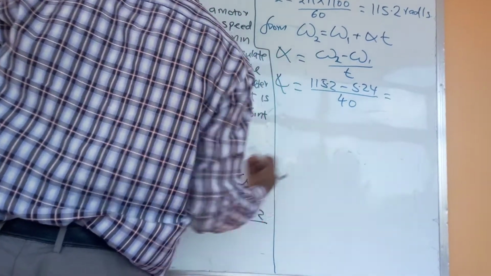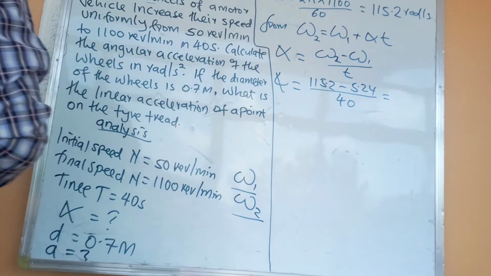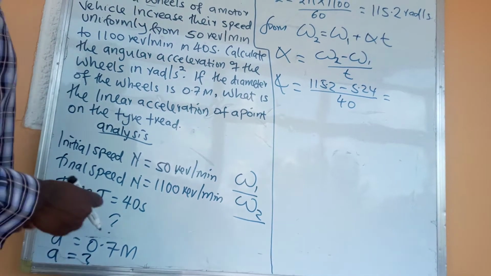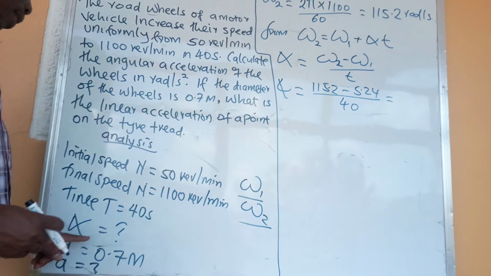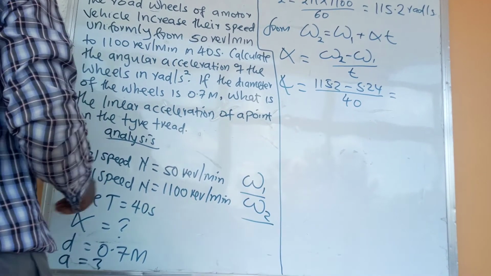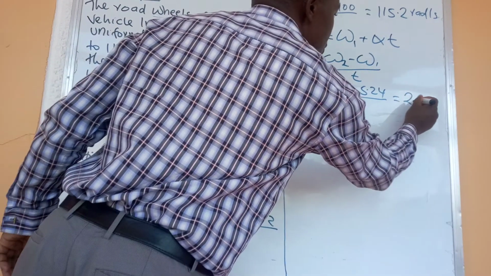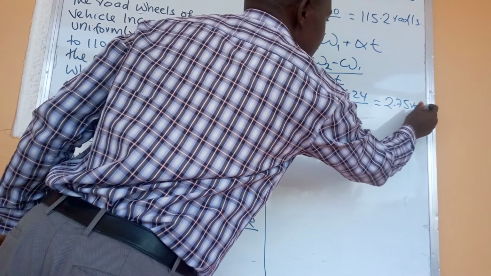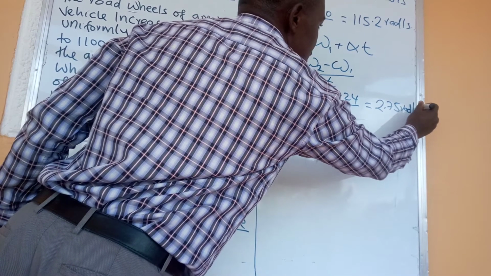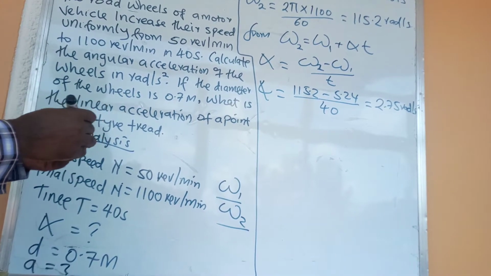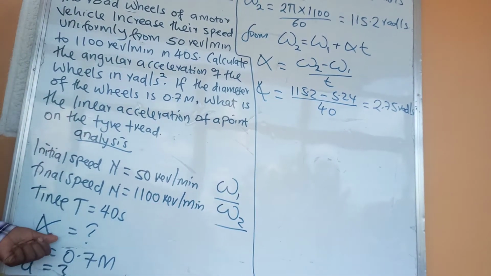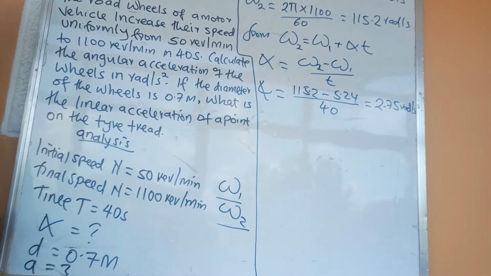When you multiply and divide, you will get that the angular acceleration alpha is 2.75 radians per second squared. So we have established the value of alpha.